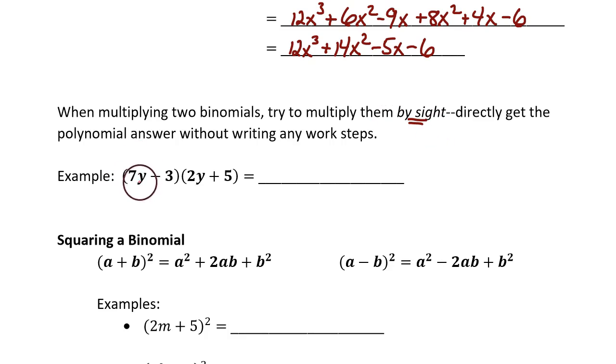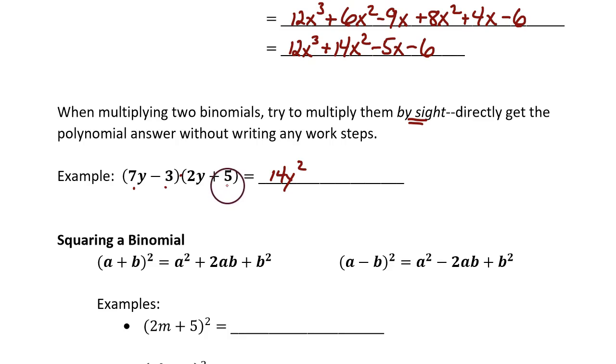For example, 7y minus 3 is a binomial times 2y plus 5 is a binomial. From the example we just worked, we know we need to take each term from here and multiply to each term from there. Let's do that by sight. 7y times 2y is 14y squared. 7y times 5 is 35y.